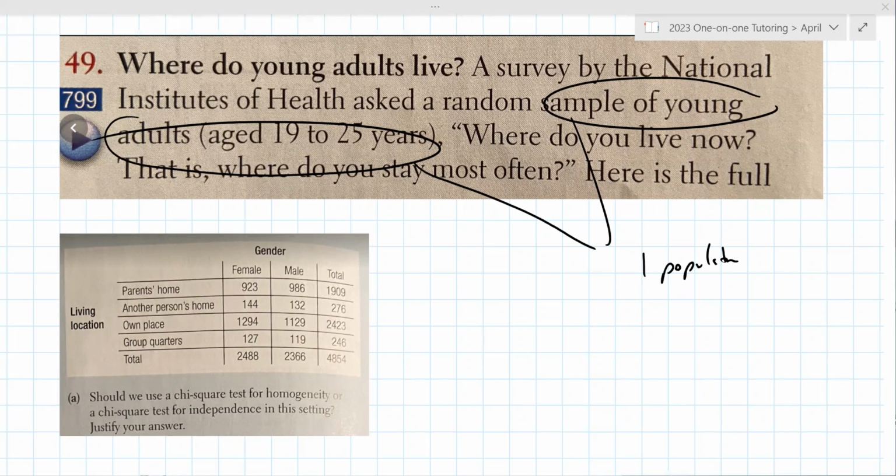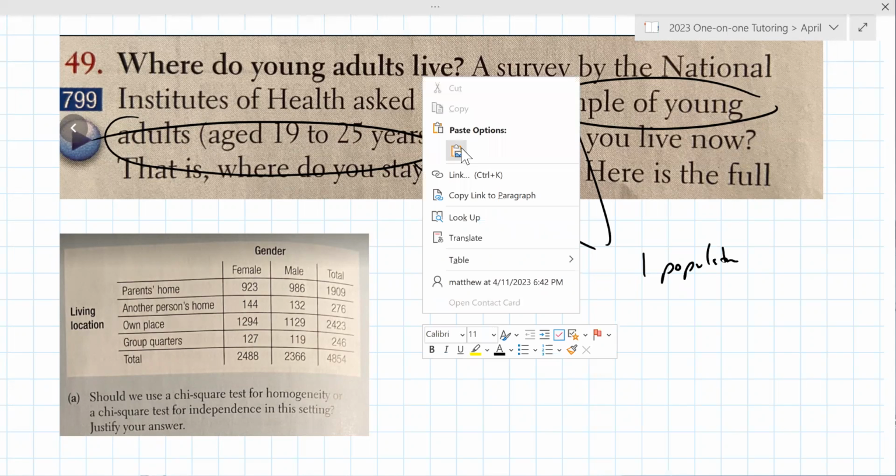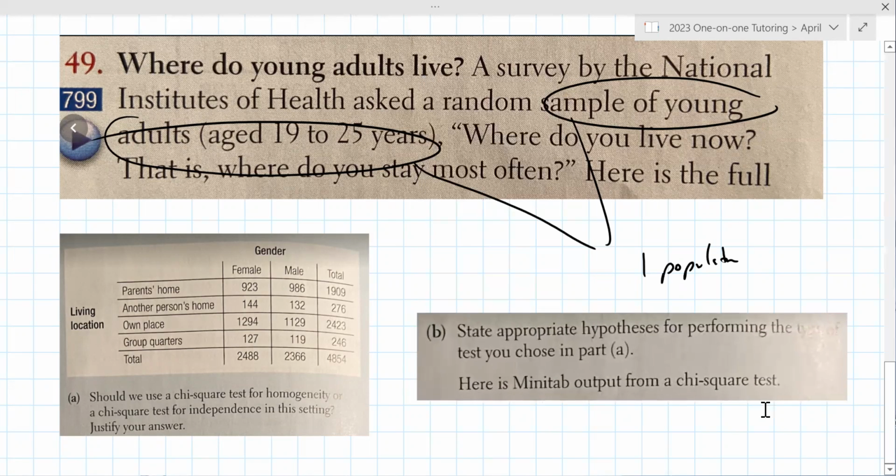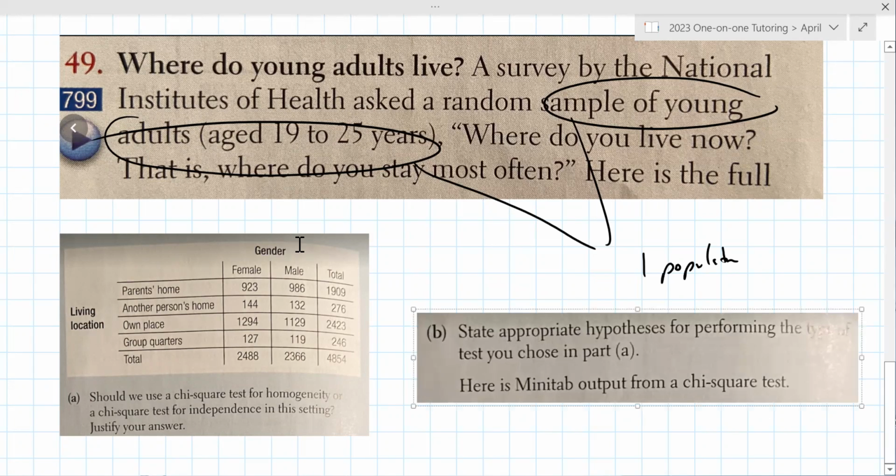And then part B says to state the appropriate hypothesis. That's your null and alternative: living location and gender are independent. Nope, they are dependent.